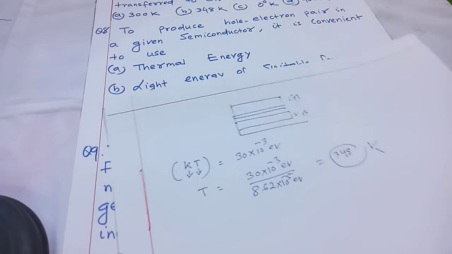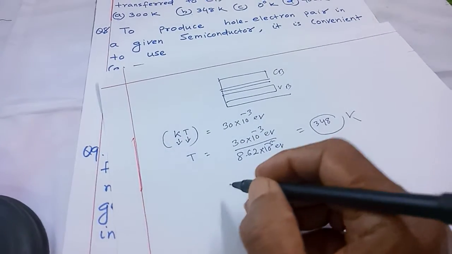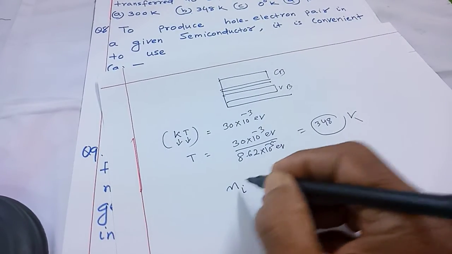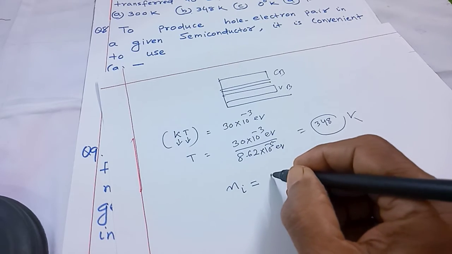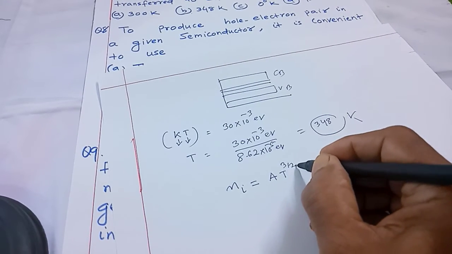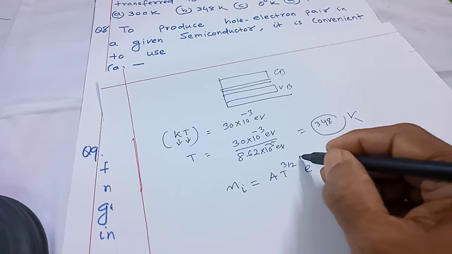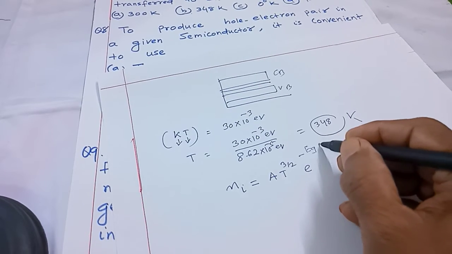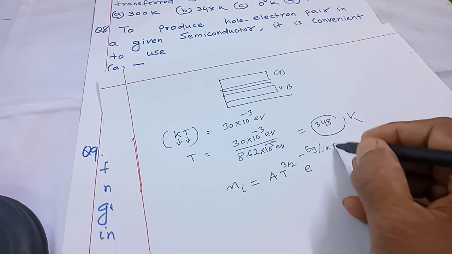So what is the formula to be used? If Ni be the carrier concentration, it is a constant A times T to the power 3 by 2 times e to the power minus Eg by 2kT.